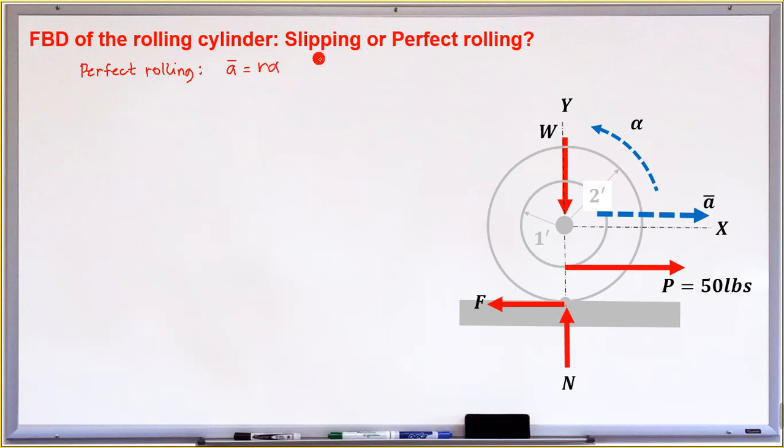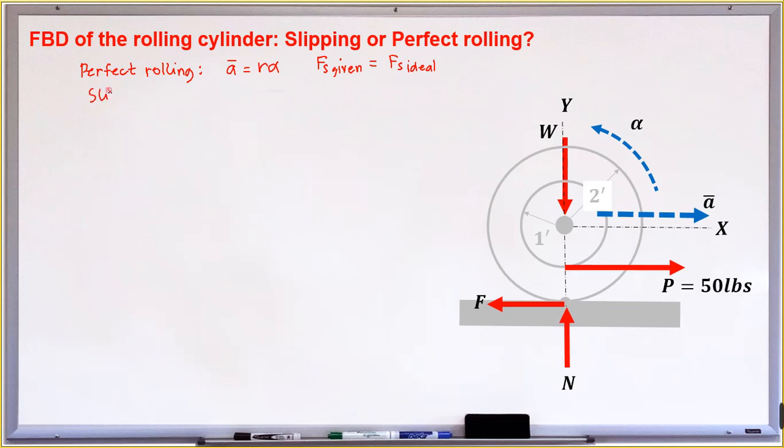And at the same time, the given static friction, no? Because the static friction is the frictional force responsible for preventing this rolling cylinder from sliding along the horizontal surface. So if the given frictional force is equal to the ideal frictional force, therefore it is perfect rolling.